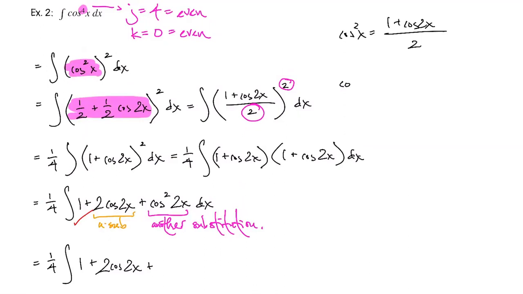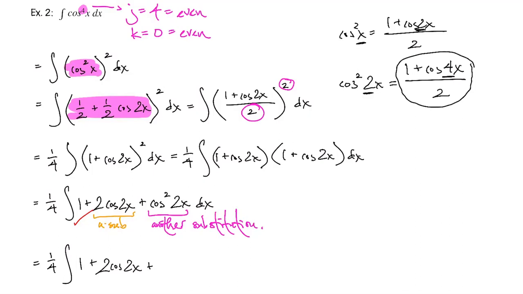So if I want cosine squared 2x, that's going to give me 1 plus cosine 4x over 2. The reason it becomes a 4 is because whatever this coefficient is, it gets doubled as part of that power reducing identity. So this was an x and it became a 2x, and now a 2x becomes a 4x. So when I substitute in, I'm going to put 1 plus cosine 4x over 2 instead of cosine squared 2x.